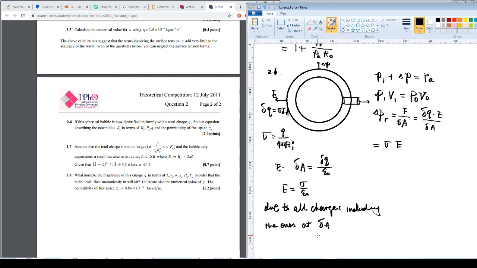This electric field is due to all the charges. But the thing is, when we do force calculation, we cannot use this E. So really I should do E prime.